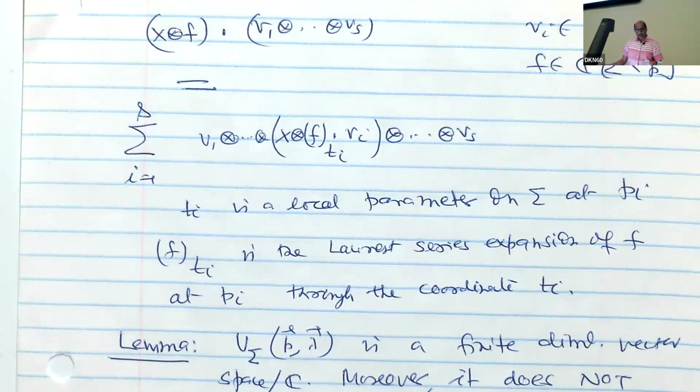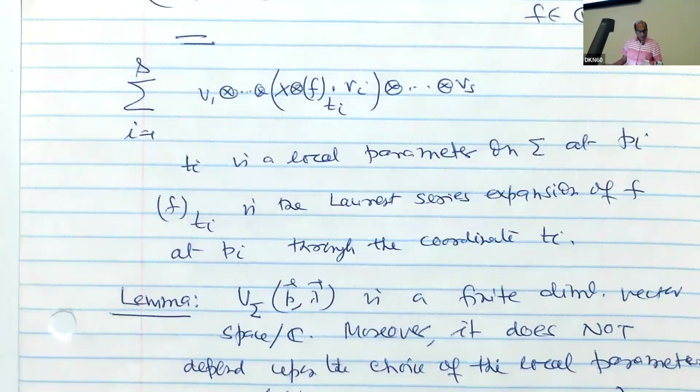So G tensor C of sigma minus P does not have a center, and this Lie algebra acts on this H vector lambda. That's a consequence of the residue theorem in algebraic geometry. It's slightly involved: you need to use the residue theorem in algebraic geometry for curves to conclude that this is actually a Lie algebra action.